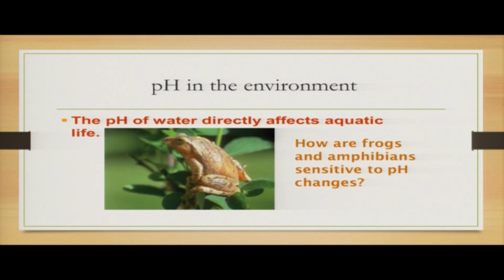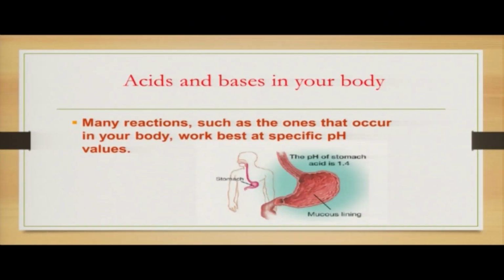For aquatic organisms, if the pH in the water changes, some of them may die and may not be able to survive in the water. We have also mentioned that excess acid produced in our stomach, though it helps digestion, can also destroy the stomach.